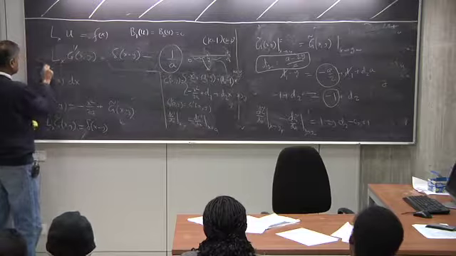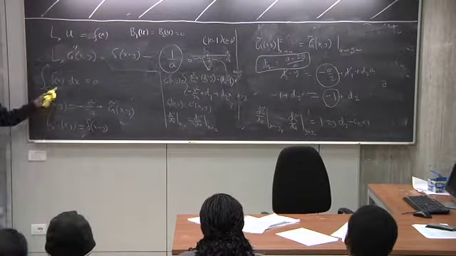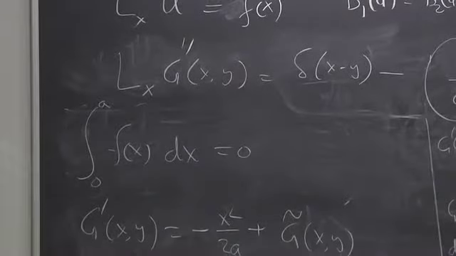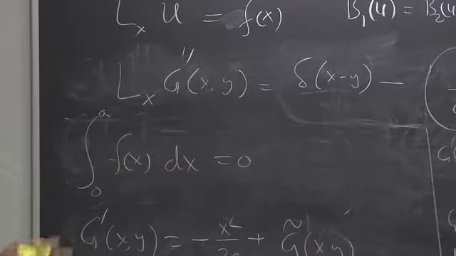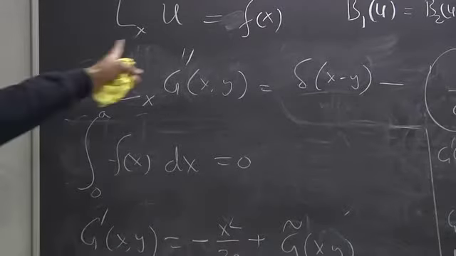So this integral must vanish. That's a condition on f of x. Whatever form of f you choose, it must satisfy this condition. Otherwise, there will be no solution to that equation.